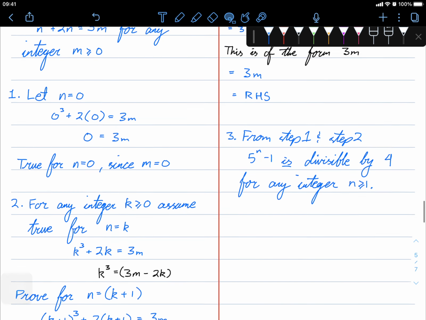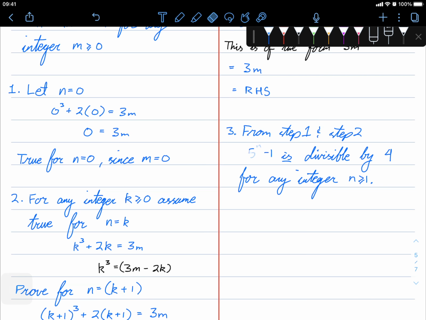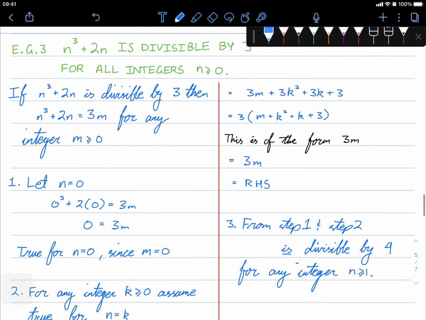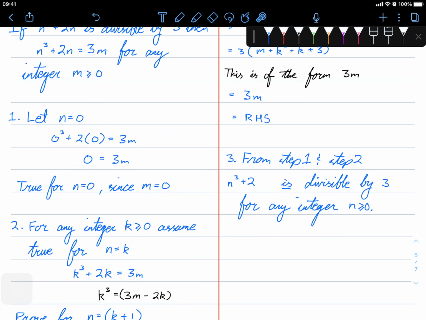From step 1 and step 2, the expression n cubed plus 2n is divisible by 3 for any integer n greater than or equal to 0. That's just me trying to save time. Unfortunately, with you using pen and paper, you're going to have to write that out yourself.